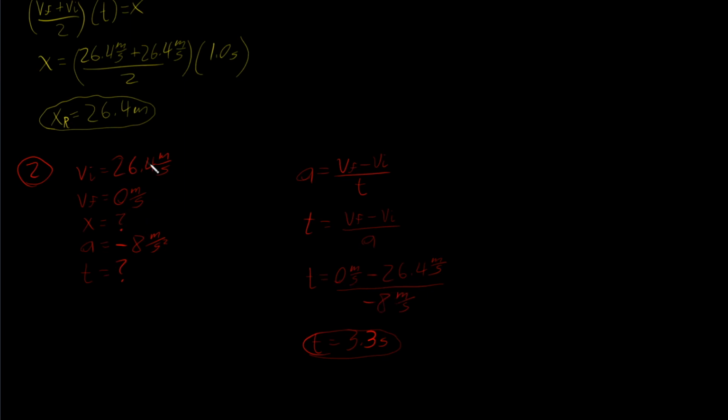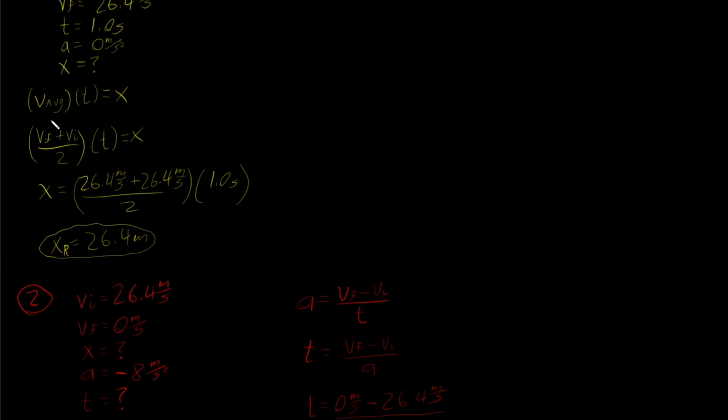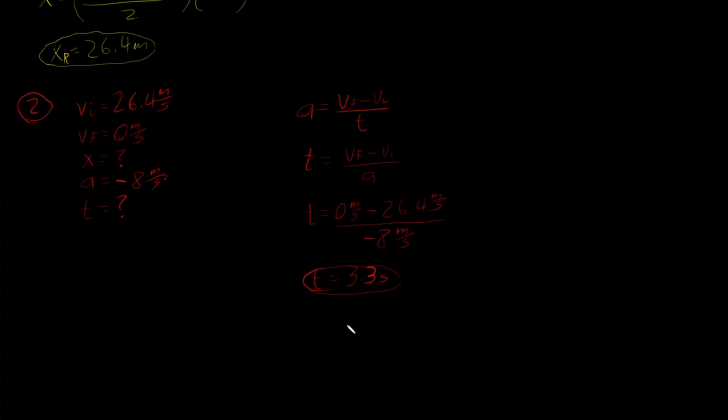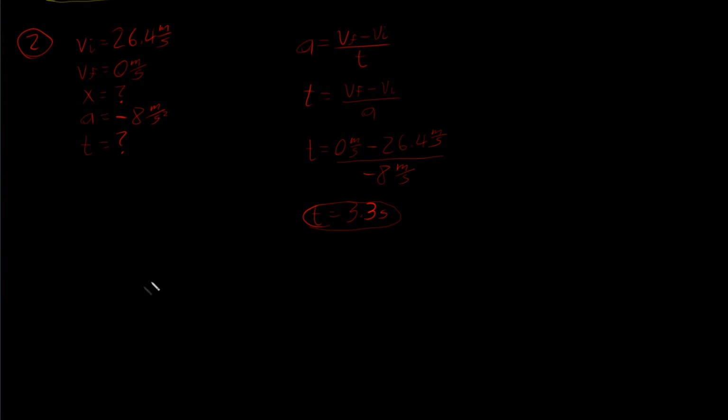So now, in this equation here, in these variables that we have here, the only unknown that we have is this x right here. So we can solve for this x using the same equation as before. Average velocity times time is equal to distance, because now we know the time. So let's do that.